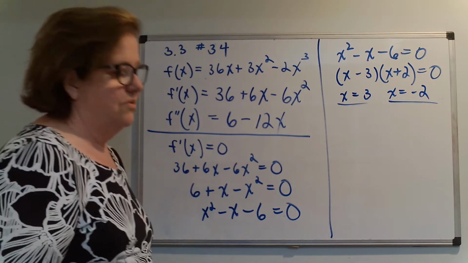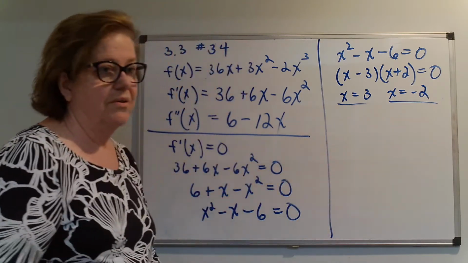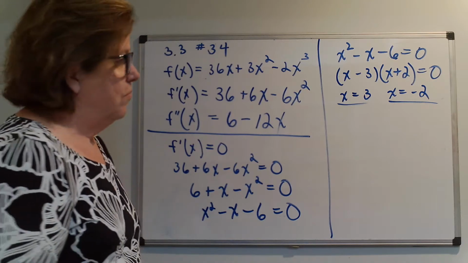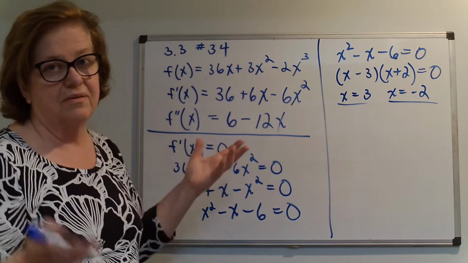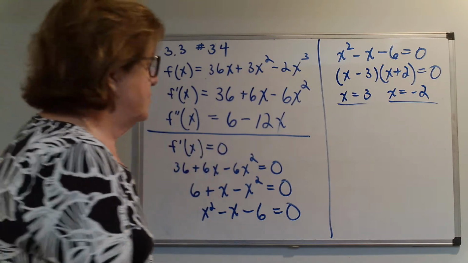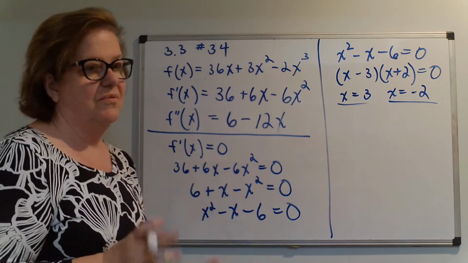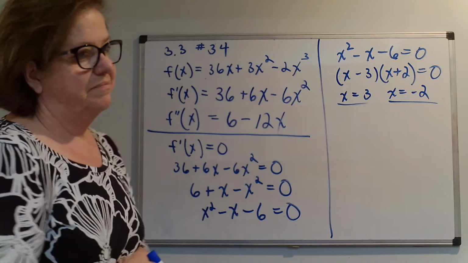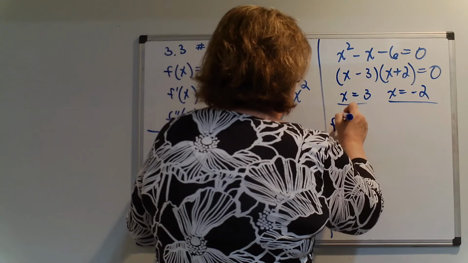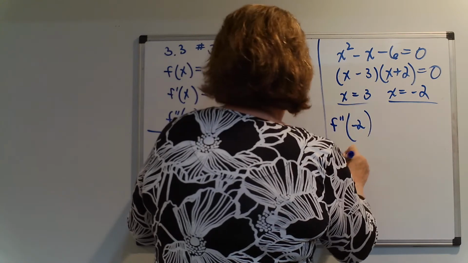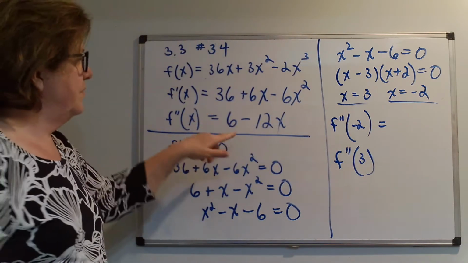So we can make a little chart. The two places where the derivative is 0 are the only two places where you could change from increasing to decreasing or decreasing to increasing. Those are the only two places. We've actually got two different things we could do here. We could look at what the second derivative is at -2 and what the second derivative is at 3.